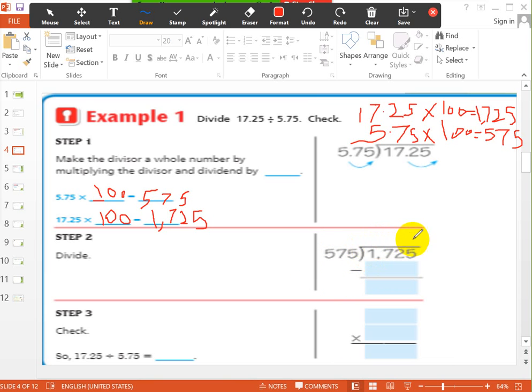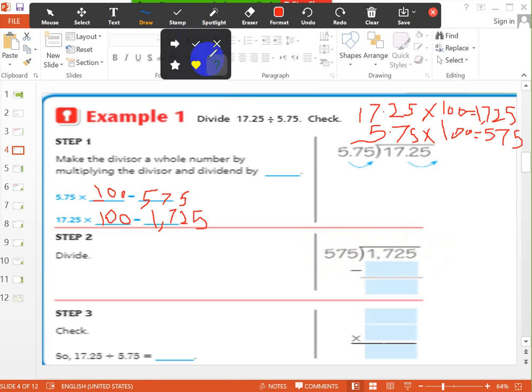So I will take the whole number, so I will take the ones here. So the only digit in the quotient will be a ones. So 1725: what is the number that I will multiply by the divisor? Rina said, and Lamar said, that the answer will maybe be 3, and that's true.